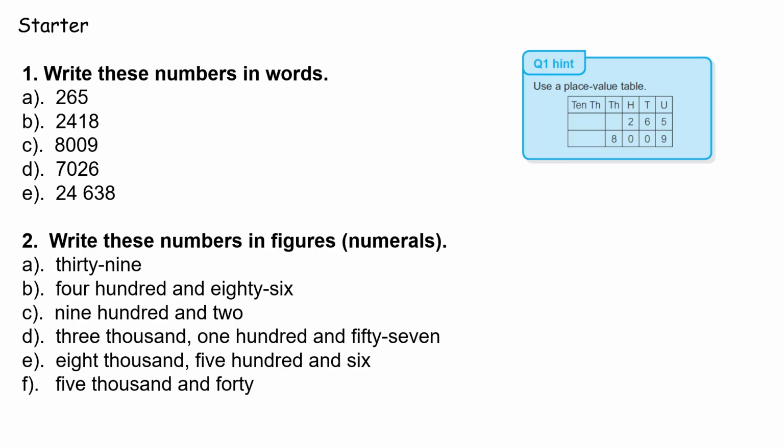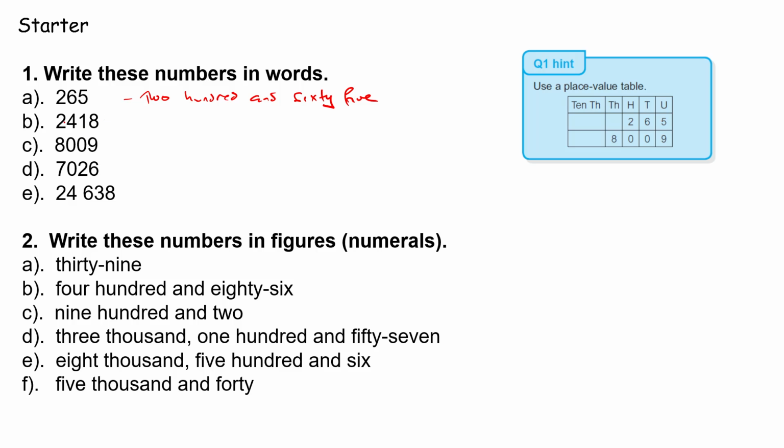Okay, 1A, what have we got? 265. And if you're unsure, use the hint here. 2 is in the hundreds column, 6 is in the tens, and 5 is in the units.